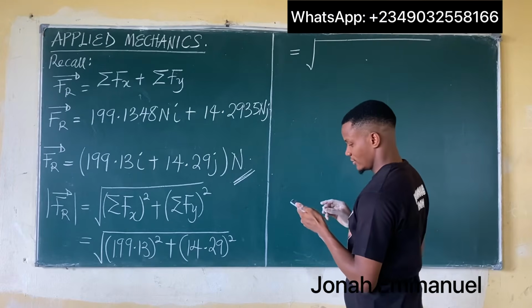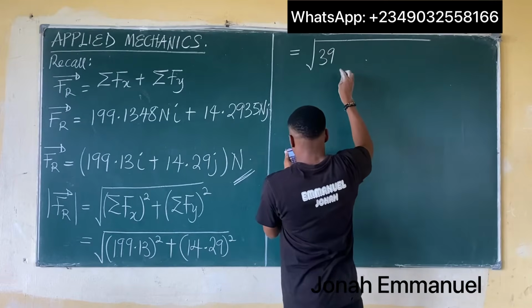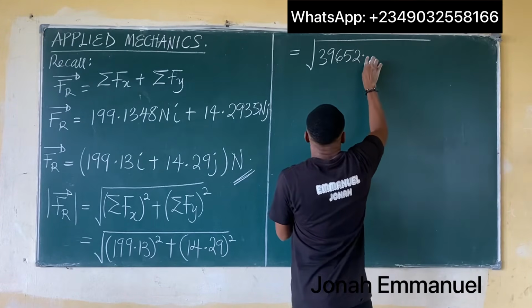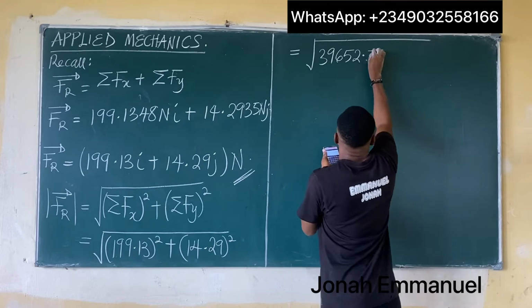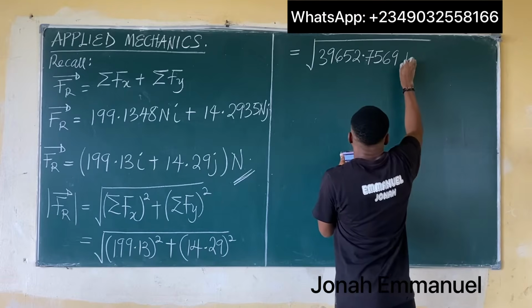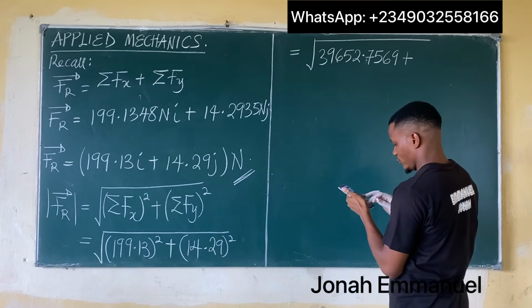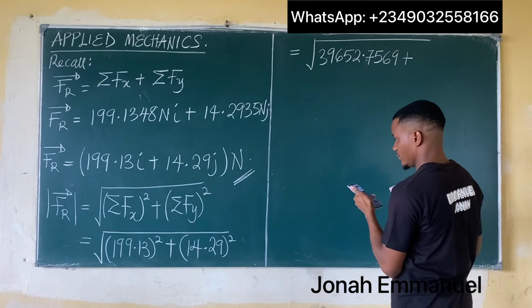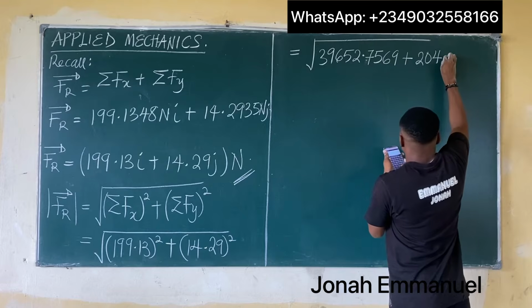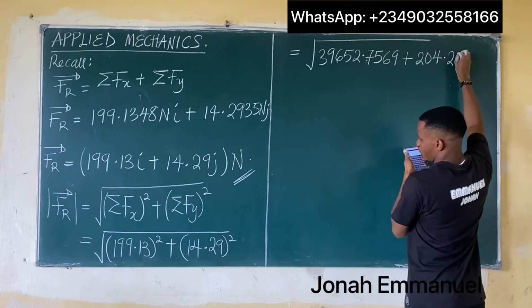199.13 squared gives 39652.7569 plus 14.29 squared, 204.2041.